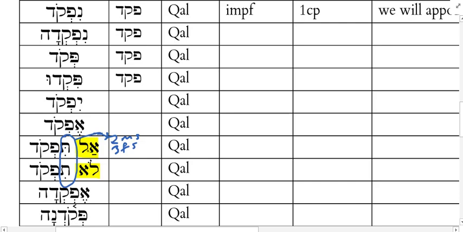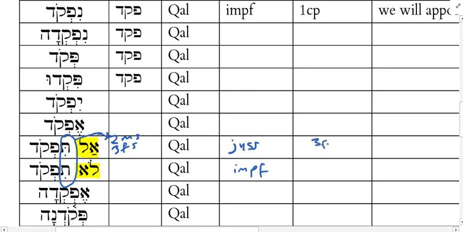And if it is, then which negative particle is going to commit me to one versus the other. My little saying is that al always negates the jussive if the prefix form could have been an imperfect. Okay? So looks imperfect, but if al's in front of it, al always negates a jussive. Okay? When it could have been an imperfect. So that's going to be jussive, and this is the one that's going to be imperfect. Okay, because it has lo.